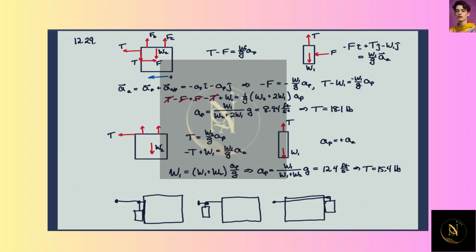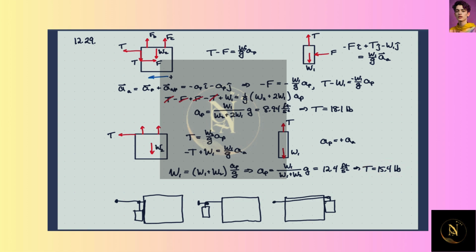Since I took positive down, positive here, these two accelerations have to be equal to one another because the length of the rope is unchanged. So we can add these two, T drops out, we get this equation, and solving that for the acceleration of the panel, we get 12.4 feet per second squared, and the tension in the rope is 15.4 pounds.